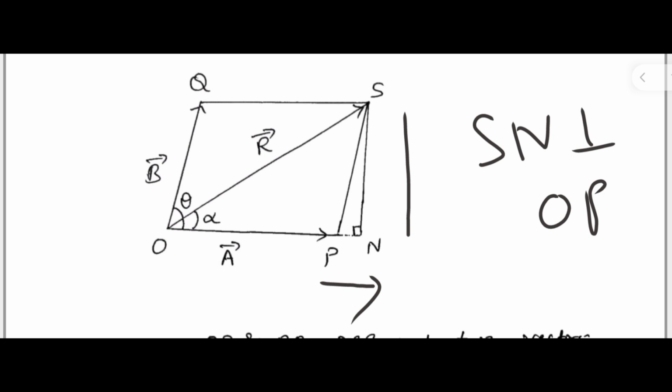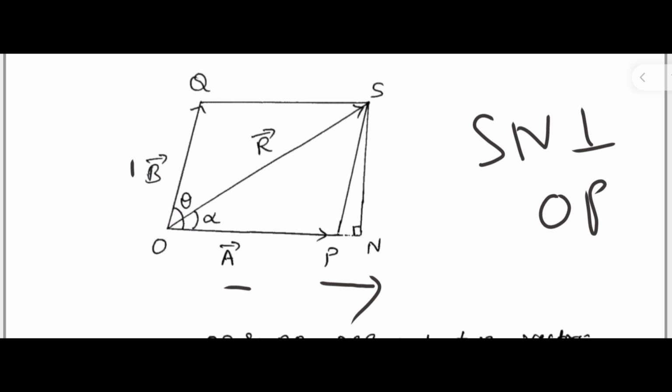Here we are also observing the two vectors, vector A and vector B. These are the two vectors which are represented by two sides of a parallelogram, OP and OQ. And theta is the angle between OP and OQ.